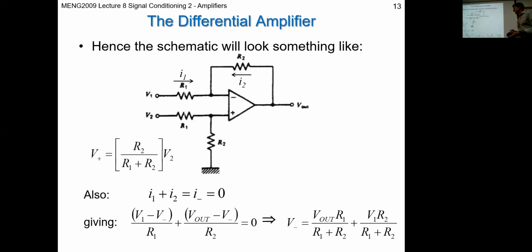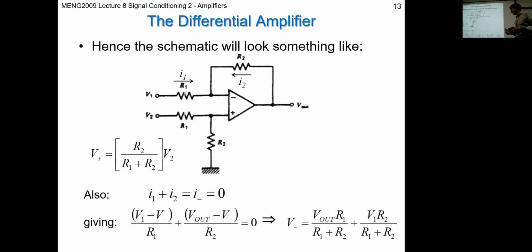We can rearrange that to give us an expression for V minus. And notice we already derived an expression for V plus, quite simply using the potential divider rule on this branch here. Now we've also got an expression for V minus, and we know the two are equal, so we can equate the two equations and resolve it.